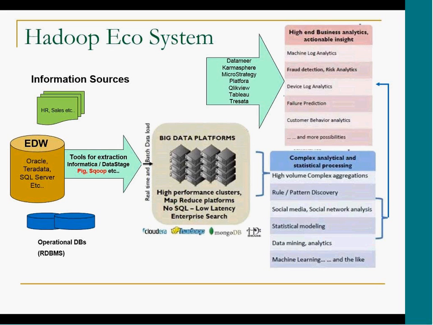Typically, if you see Datameer, Karmasphere, and MicroStrategy, different new products have come up to use data directly from Hadoop for analytics as well. Every product is coming up with a component to read data directly from Hadoop. That is actually the future growth, the future change.